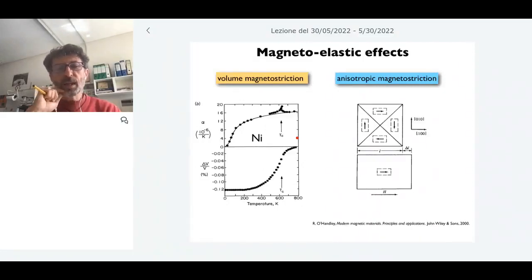But if you take nickel, you will discover that there are some anomalies of this thermal expansion coefficient alpha. And this anomaly is very close to the Curie temperature. So at the Curie temperature, something strange occurs. In the specific case of nickel, you find that the thermal expansion coefficient has a peak, is a little bit larger than it would be most probably if the nickel would not be ferromagnetic.